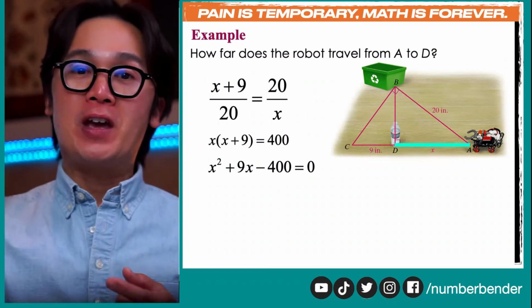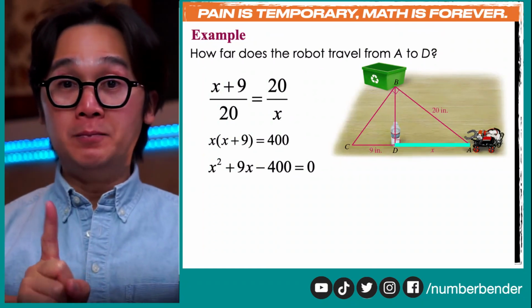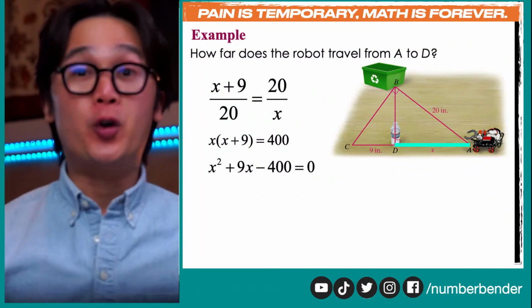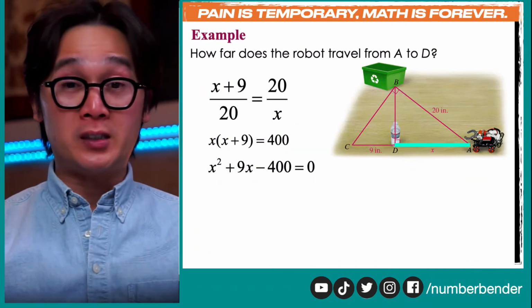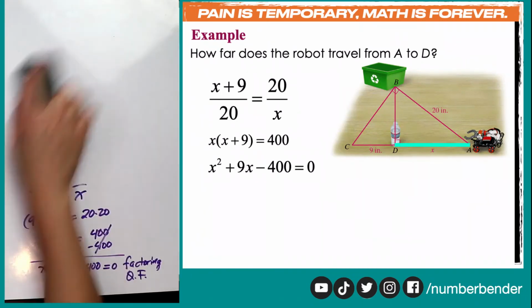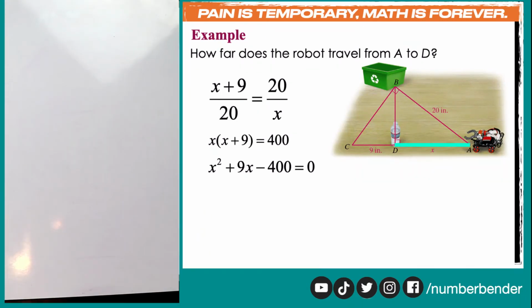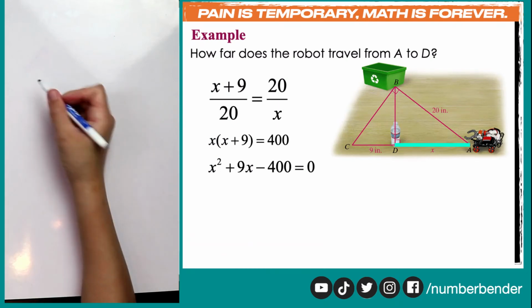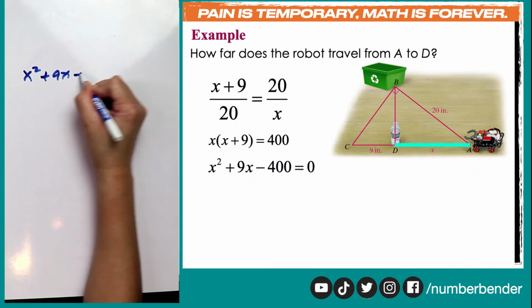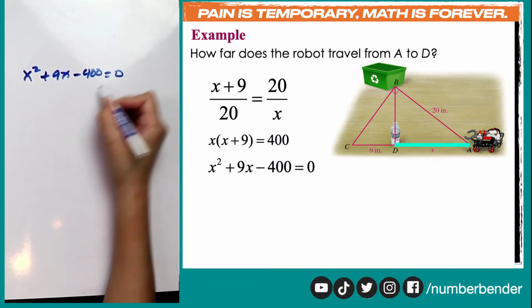Now, if you have mastered your multiplication table, finding the factors of 400 or negative 400 that will equal positive 9 when you add them up will be a lot easier. So to set up our equation, we'll have x squared plus 9x minus 400 equal to 0.